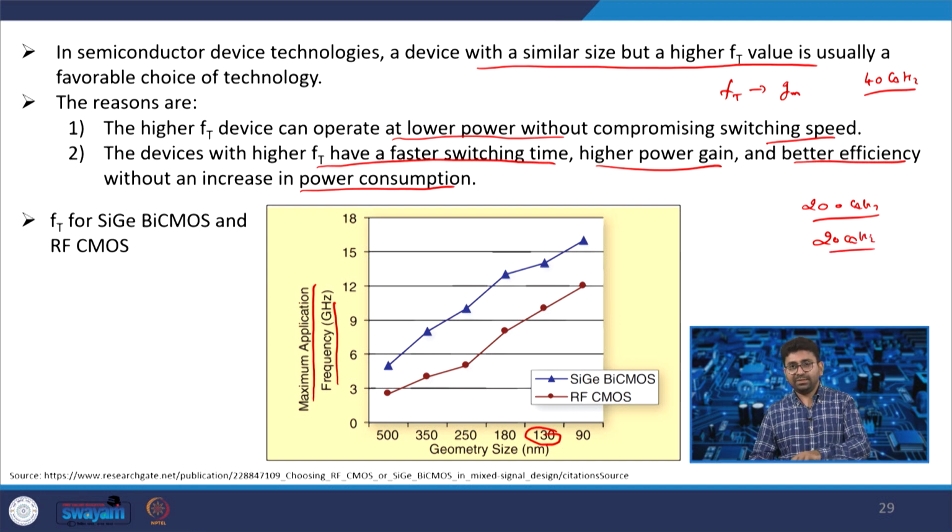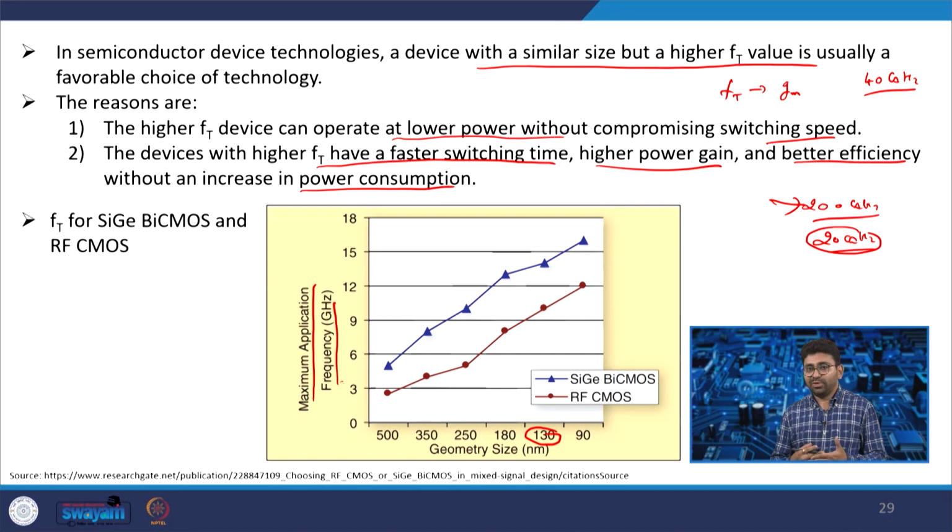This is designer analysis: it is better to work at 10 times lower than the frequency where your current gain is 1. So, this is the maximum application frequency, not FT, versus the geometry size, and in this case BiCMOS is much better compared to RF CMOS.